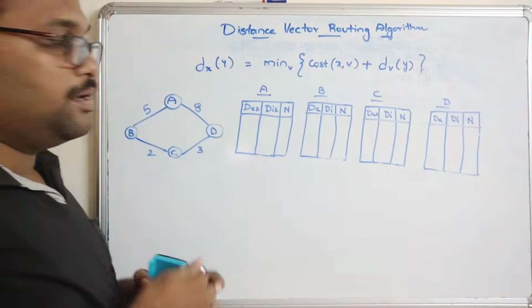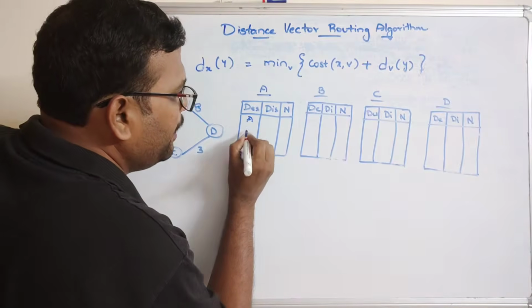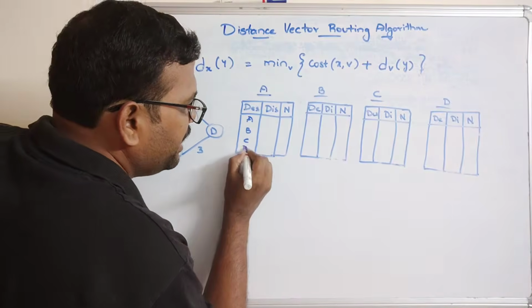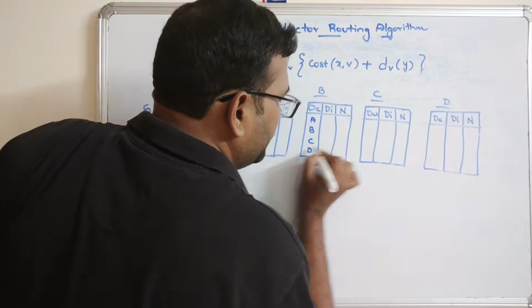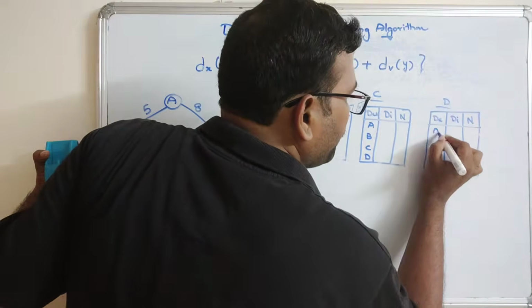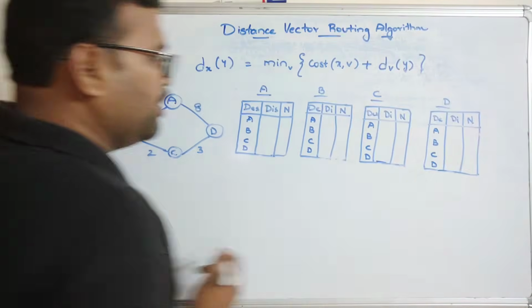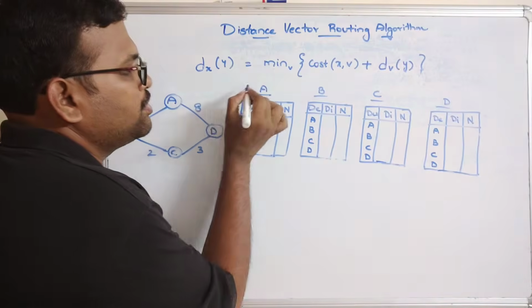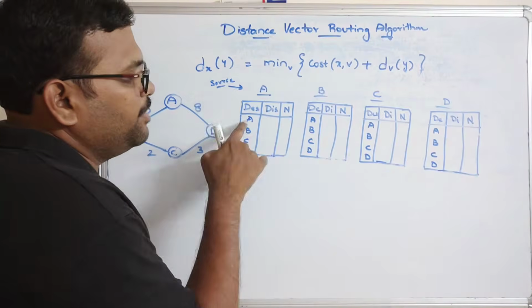Now see, destination: A, B, C, and D. Here there are four routers: A, B, C, D. You know that this is the source, and this will be the destination.